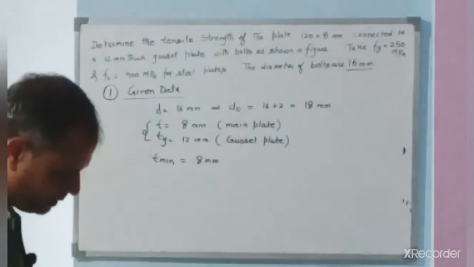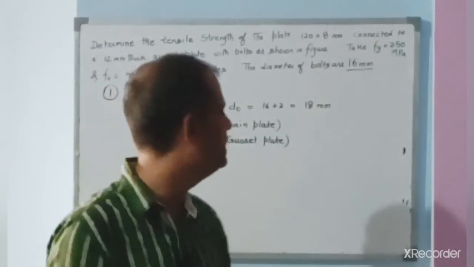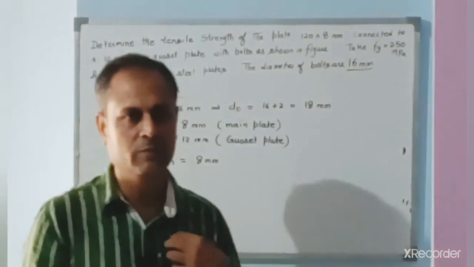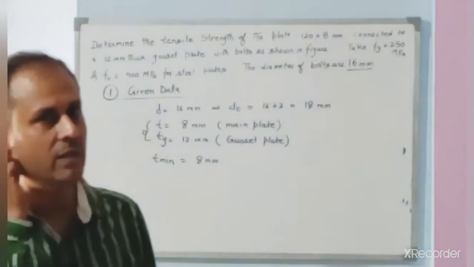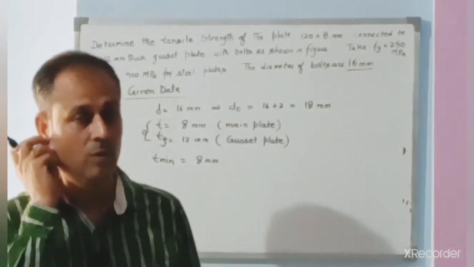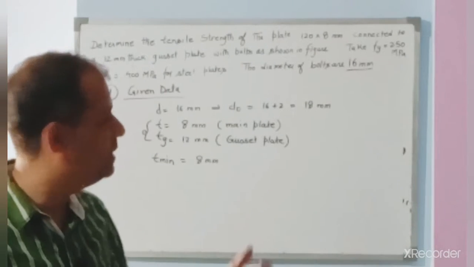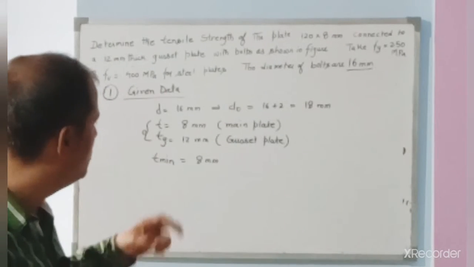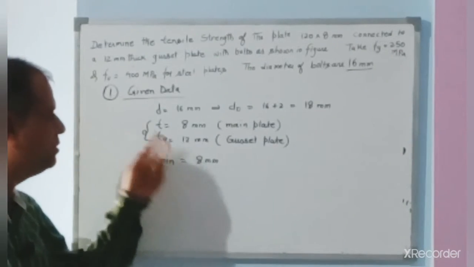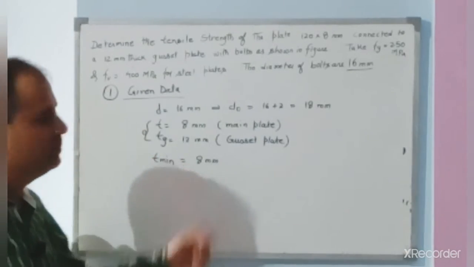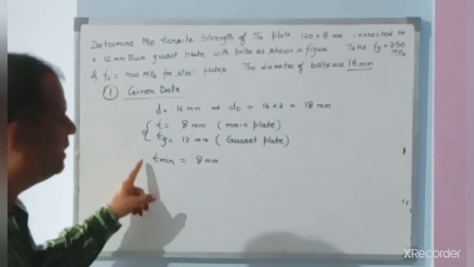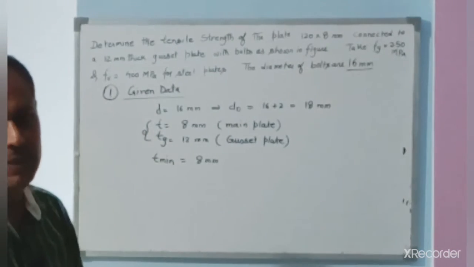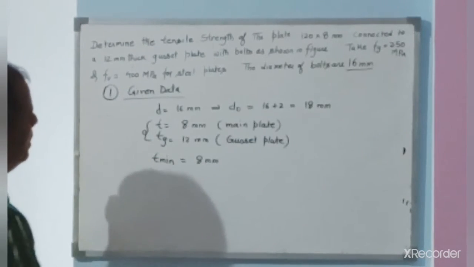Why am I calculating the minimum thickness? Because whenever axial pull or any kind of load exists, the failure of the plate will initiate in the lower thickness. So the lower thickness out of the two plates is 8 mm. So the main plate will rupture or fail on application of external load.